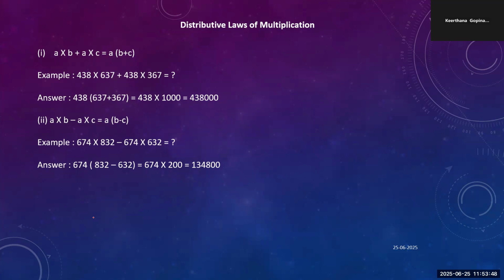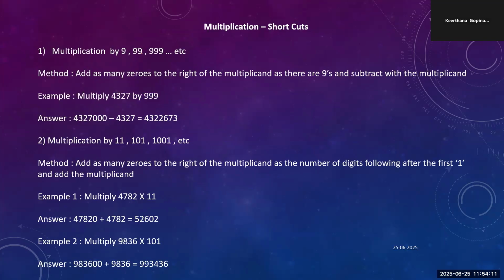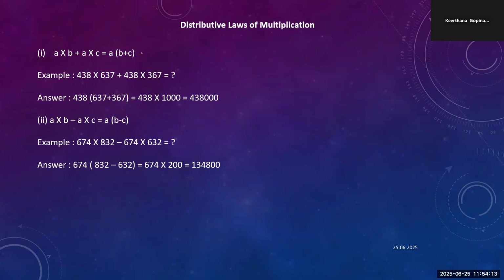We used this in the earlier problems. A into B plus C is what we used in multiplication by 101. How did we multiply by 101? 4782 into 101.